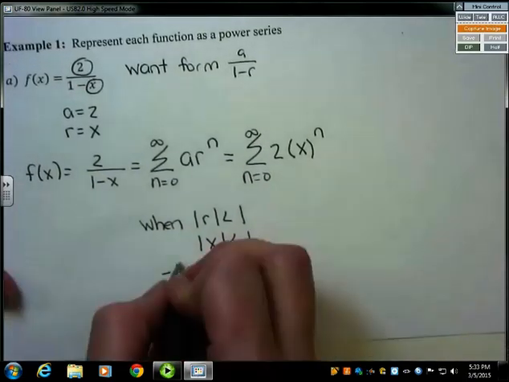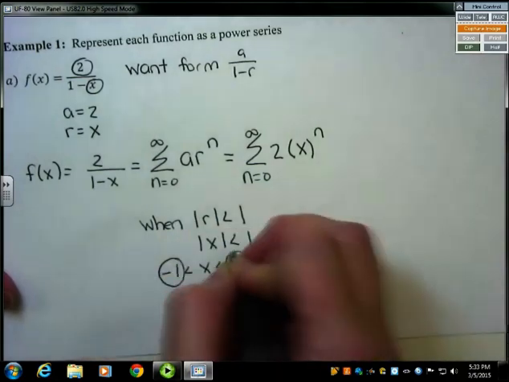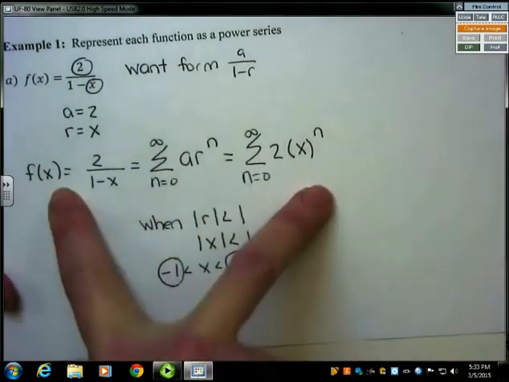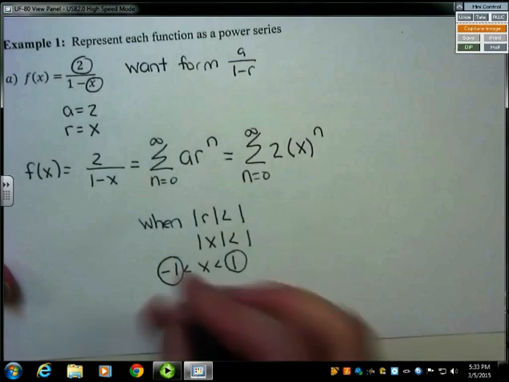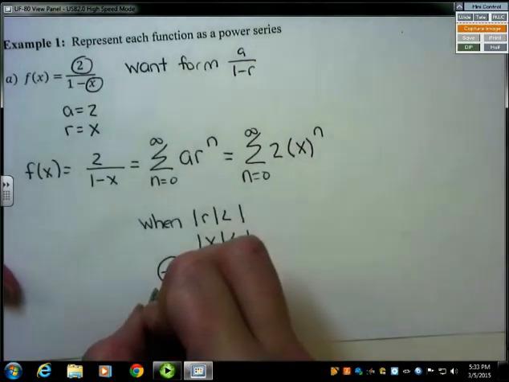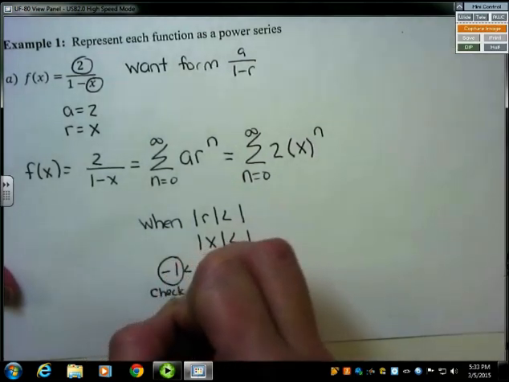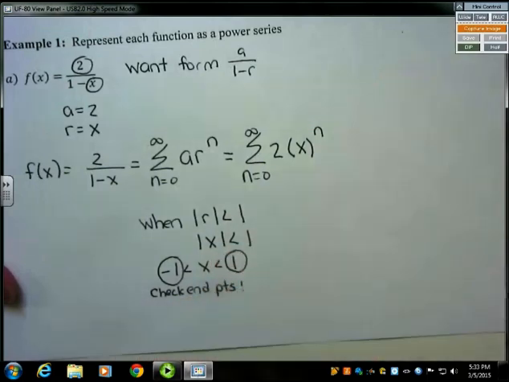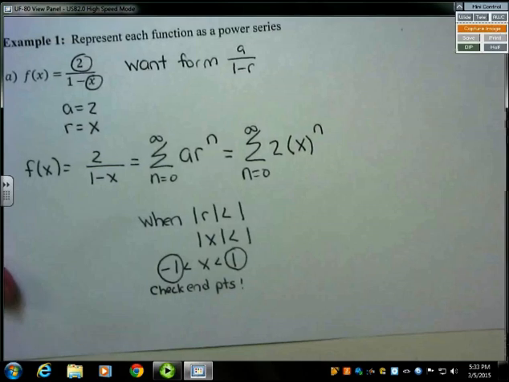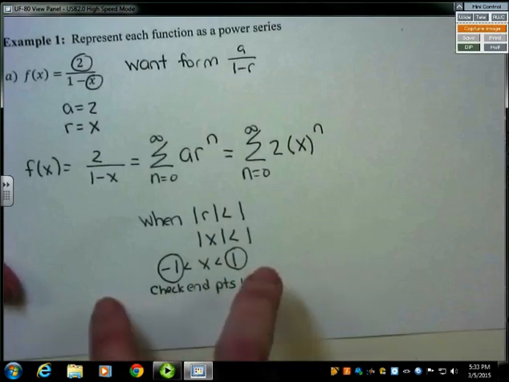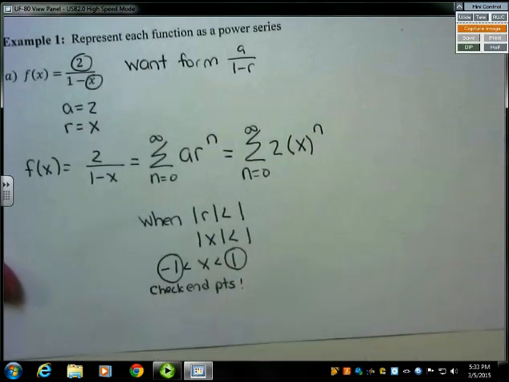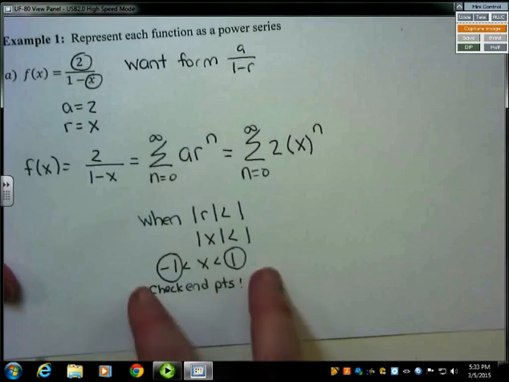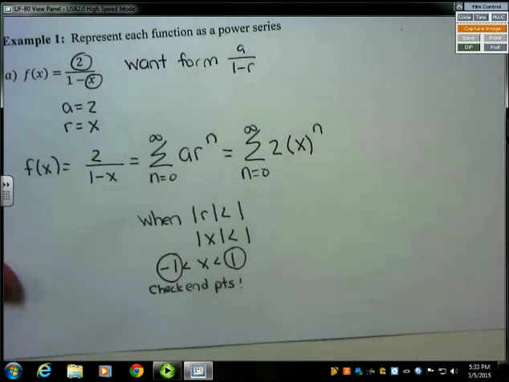If I wanted to talk about these endpoints to see are they included in the values that allow me to transform this function, remember we would say we would have to check the endpoints. However, a nice fact is that for geometric series, you will never include the endpoints. Geometric series, the interval of convergence will always be strict. That's a nice fact to know that can save you a little bit of time.